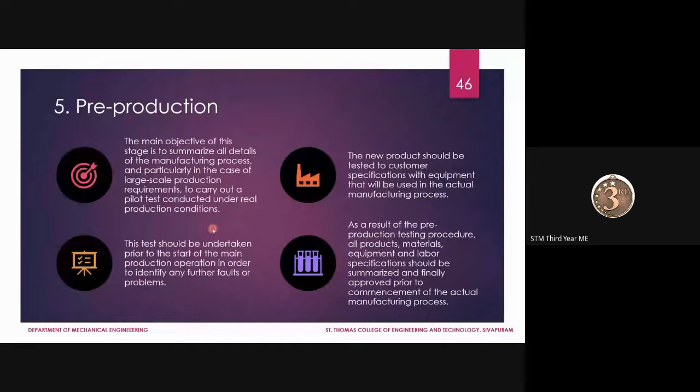So pre-production is the phase under which we are creating a beta version of the product. We pre-produce sufficient amounts, maybe 1,000 units of that product, or 10,000 units, and we distribute them to the customers that have given us the requirement.